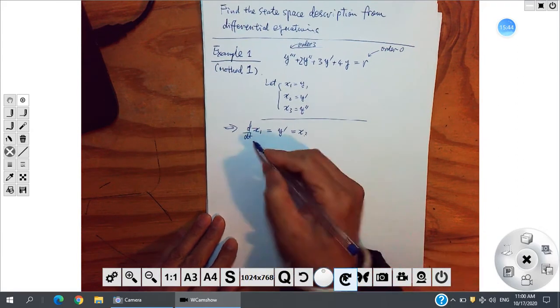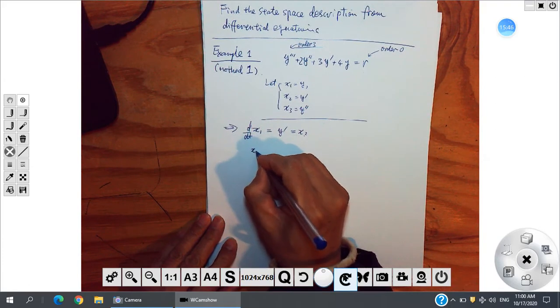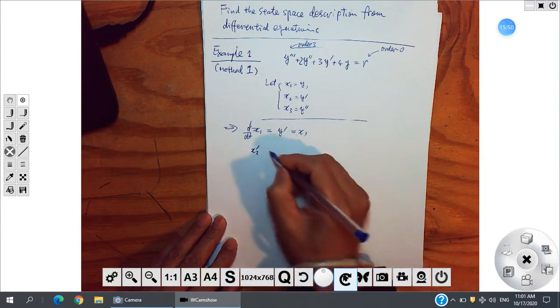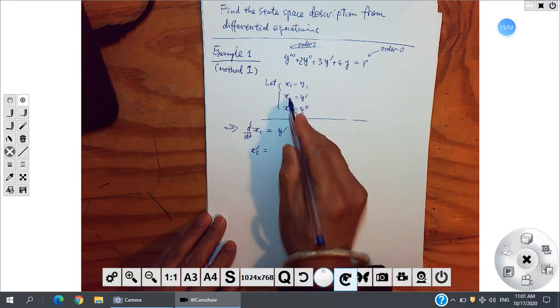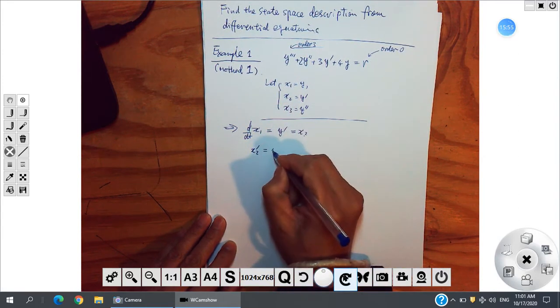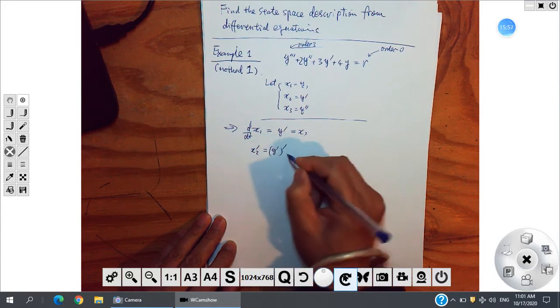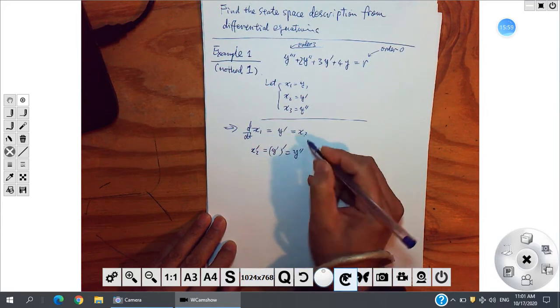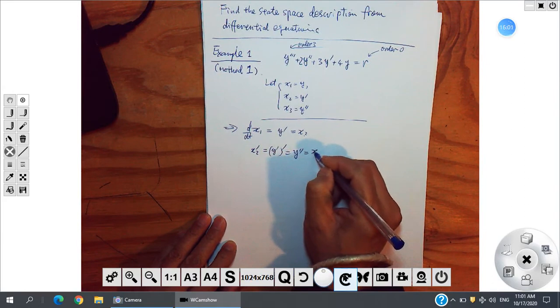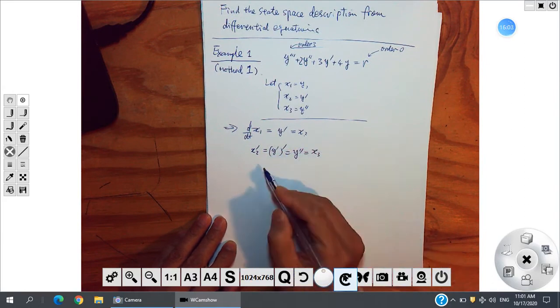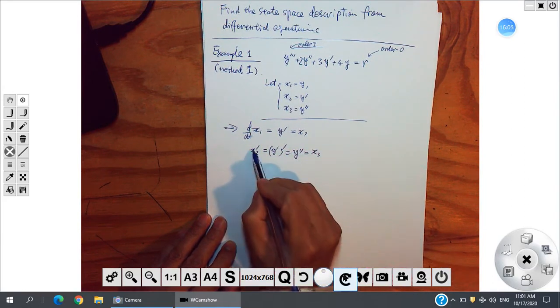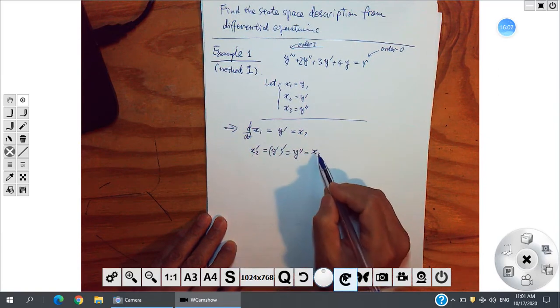The second one, similar thing, we consider the x2 derivative. I just put prime to mean derivative with respect to t. x2 derivative is y prime with another prime, so y with 2 primes. That is x3. Okay, we're done with this one. This is the derivative of some x, and the other side is also some x.